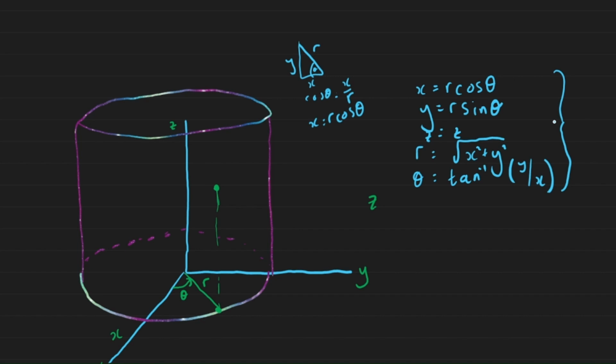So how do we actually integrate using cylindrical coordinates? Well, as was the case in the normal coordinates with x, y, and z, we take a volume element, and of course it's just dy, dx, and dz, and then all we do is integrate. It becomes a triple integral of dx, dy, and dz. So we do the same thing with cylindrical coordinates.